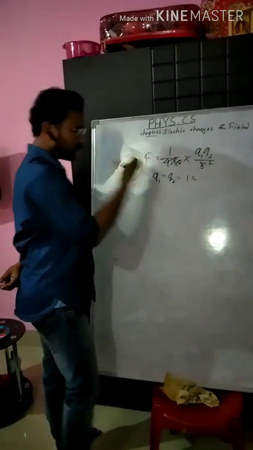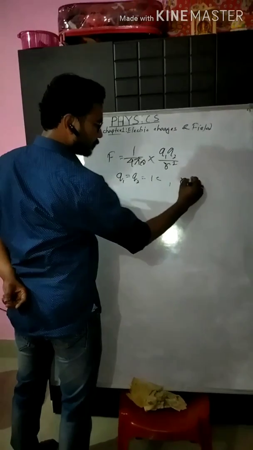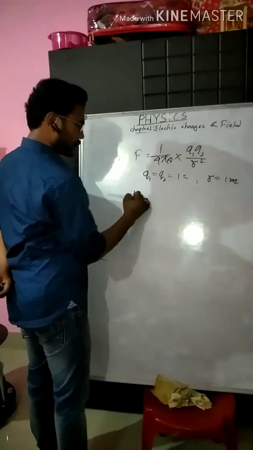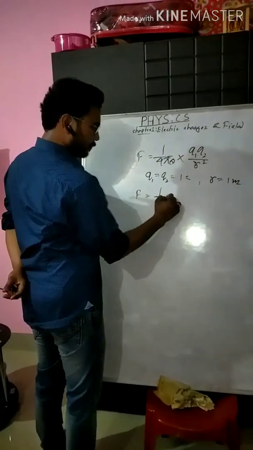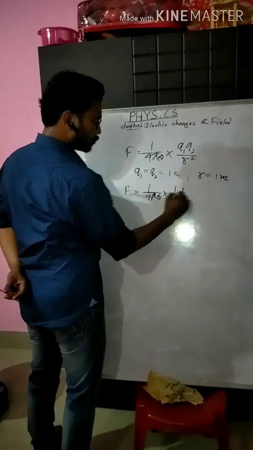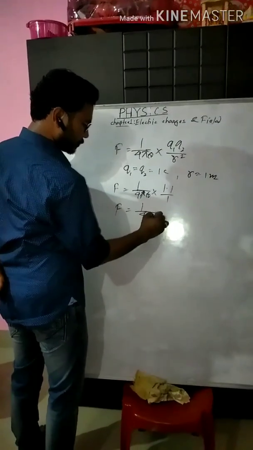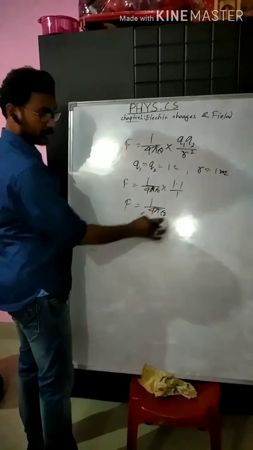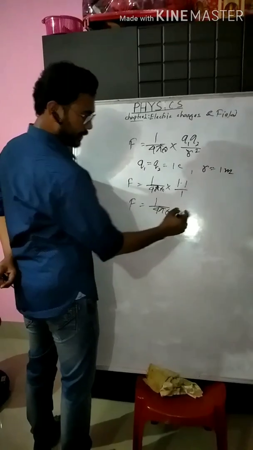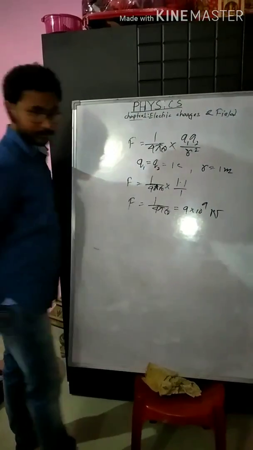And I have placed these two charges at a distance of 1 meter. Now if I put these values in this equation, what will it be? F is 1 by 4 pi epsilon naught into 1 into 1. Do you know the value of this? Yes, in the previous equation we got this value, 9 into 10 to the power 9, and here the unit will be Newton.